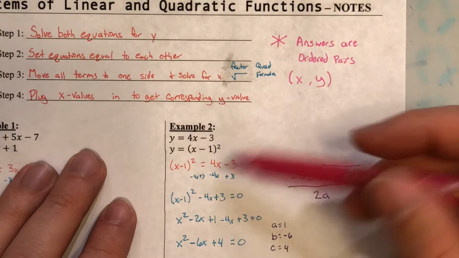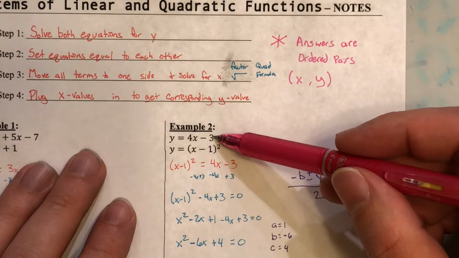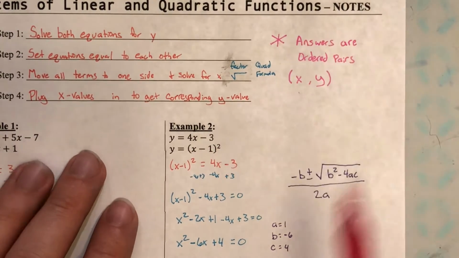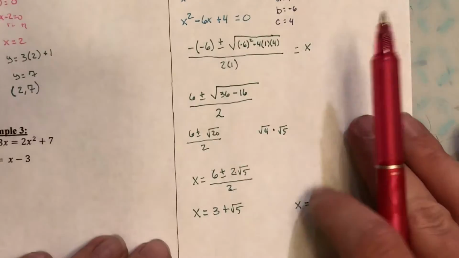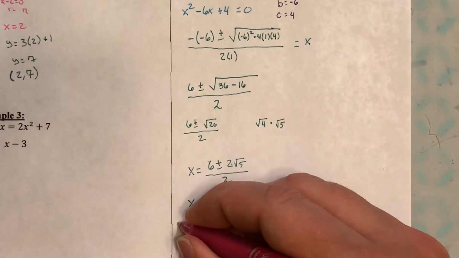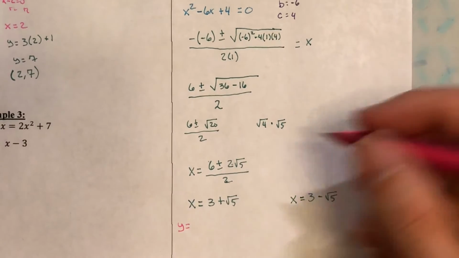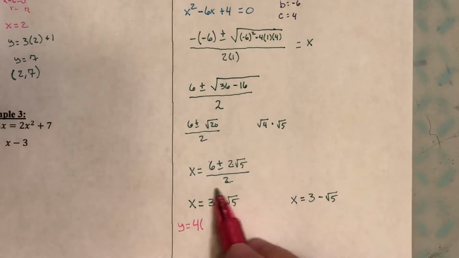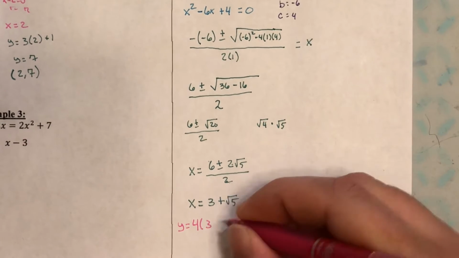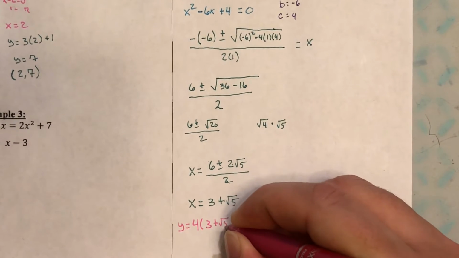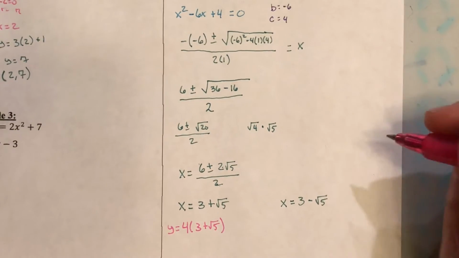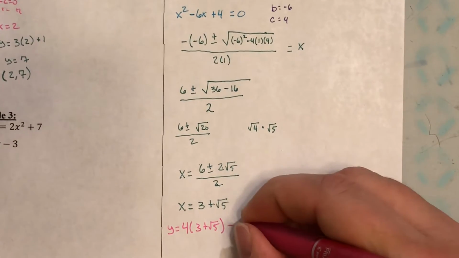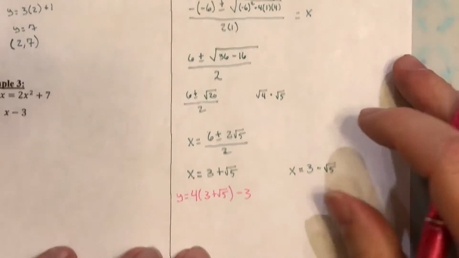So that gives me my x values that now I need to plug back in to one of my equations. And I'm going to choose, again, the linear one. So I have y equals 4x minus 3. So I've got y equals 4 times this x value of 3 plus the square root of 5, and then minus 3.